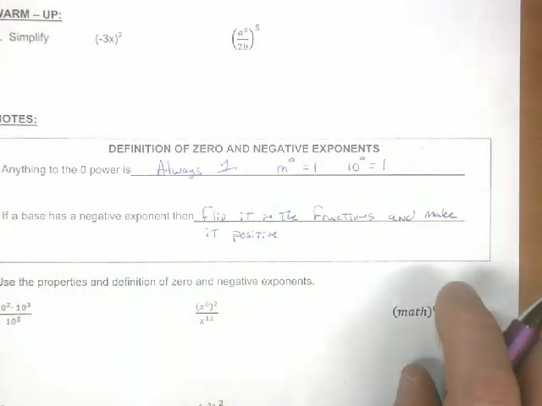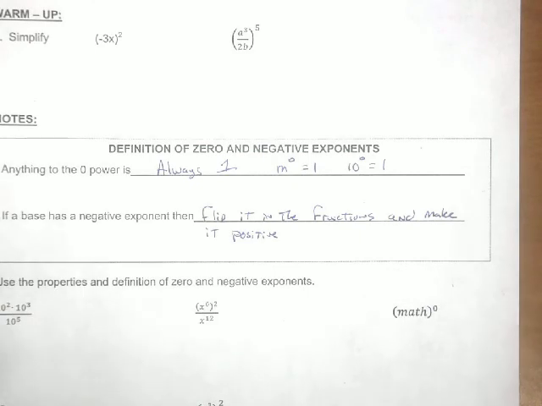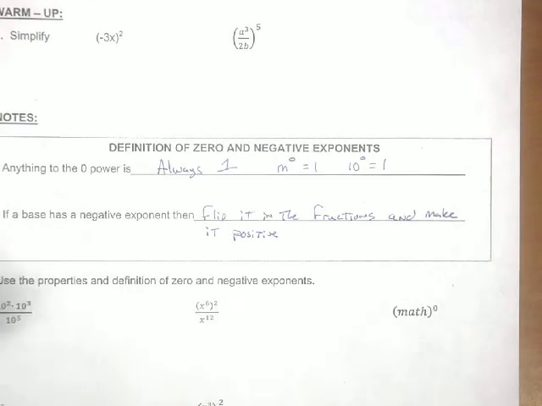And I don't care where you flip it or where that negative is, you always flip it. If the negative is on the top, you flip it, it becomes positive on the bottom. If the negative is on the bottom, you flip it and turn it to positive on the top.